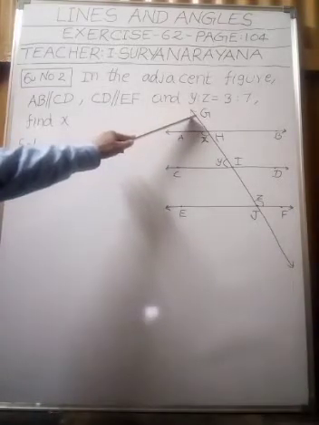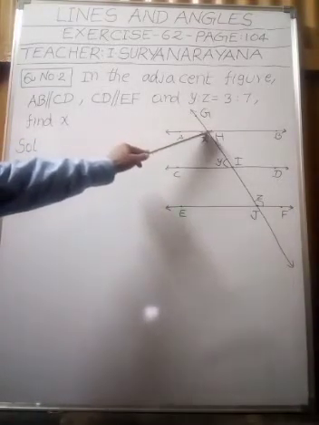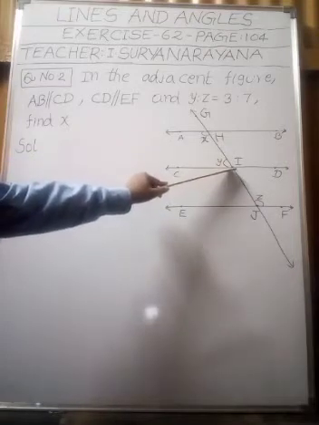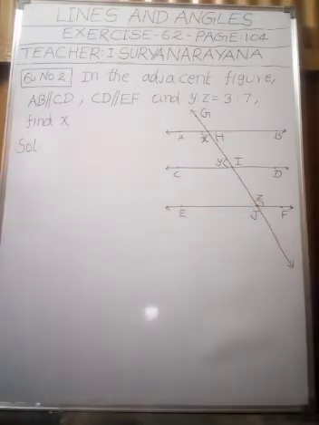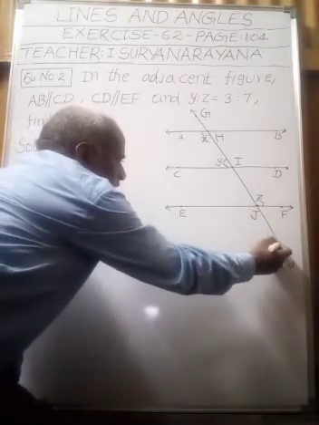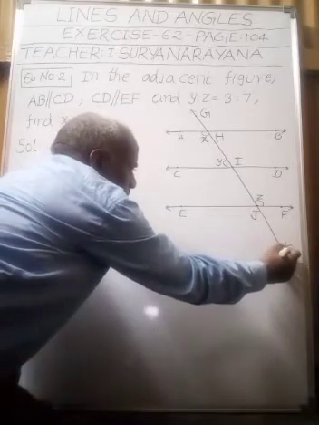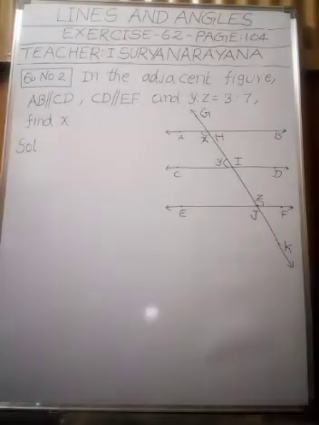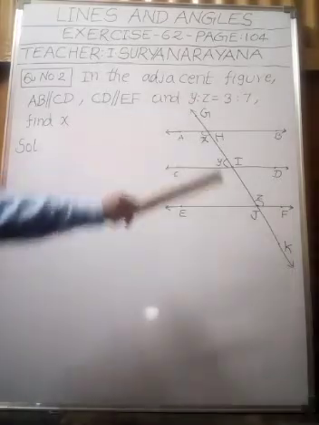Again, here we can take K. Like this, we can take some points for our convenience.